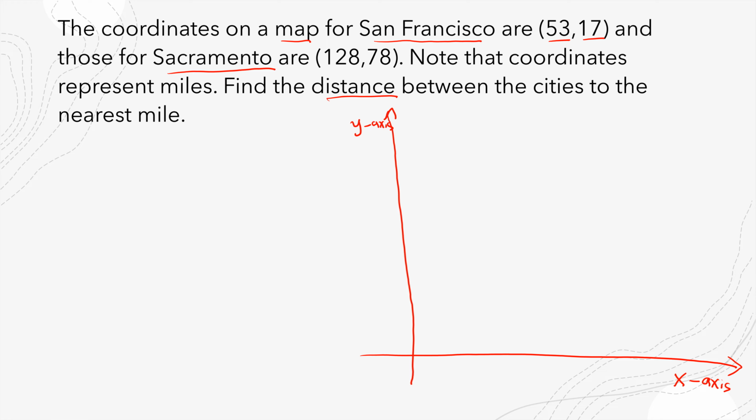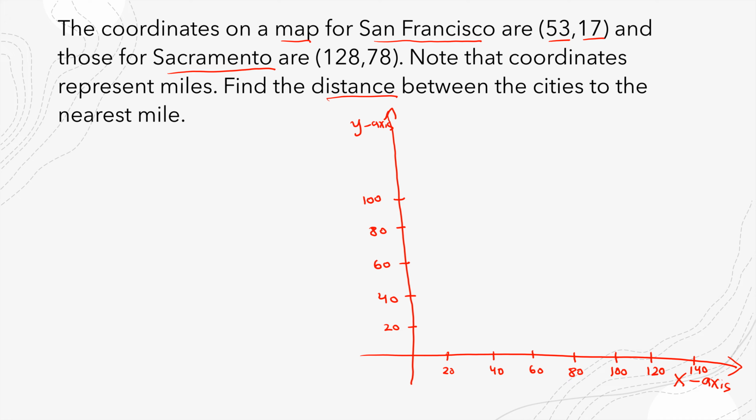Moving in the x direction, let's say this is our 20, 40, 60, 80, 100, 120, and 140. And same thing on the y: 20, 40, 60, 80, and 100.